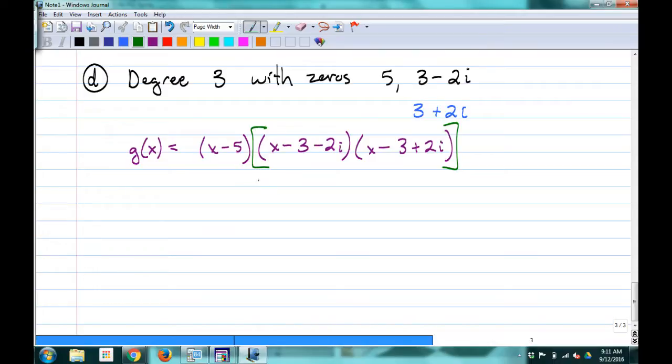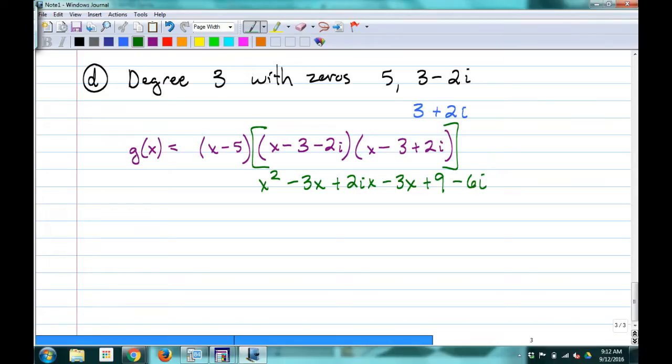So that's going to be x squared minus 3x plus 2ix. And then I'm going to multiply negative 3 times all three of those. So that'd be another negative 3x, and then a positive 9, then a negative 6i.